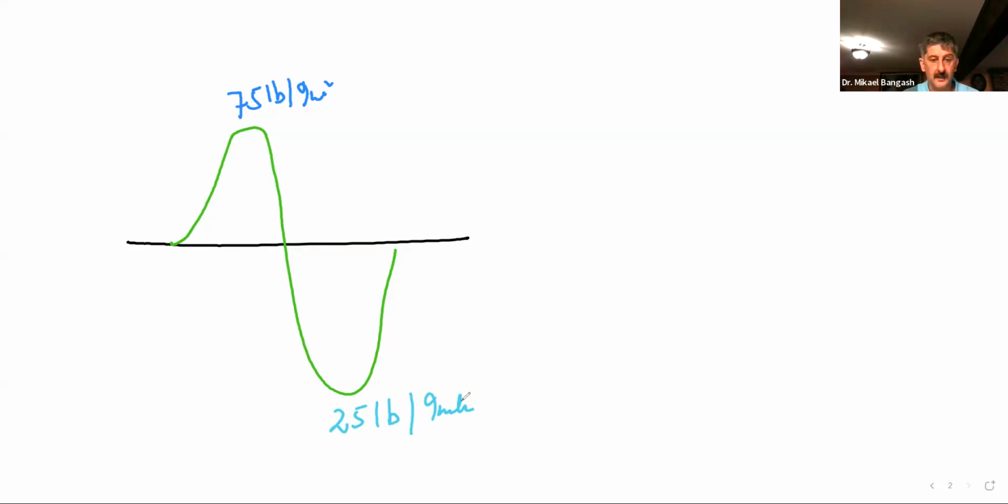Let's work it out, and that's going to come to 5 pounds.